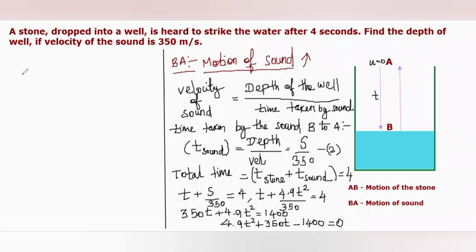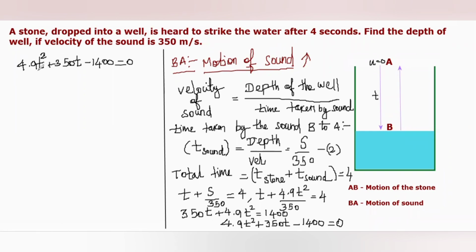I just write the equation here. 4.9 T square plus 350 T minus 1400, that equal to 0. Here we have to find the small t. Then we can find the depth of the well.